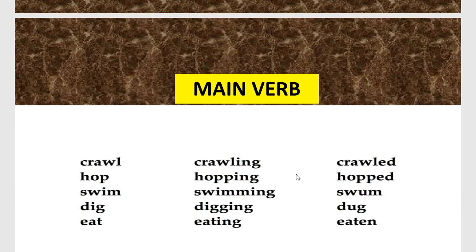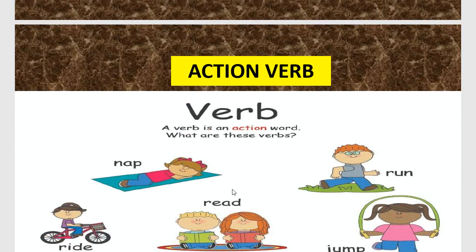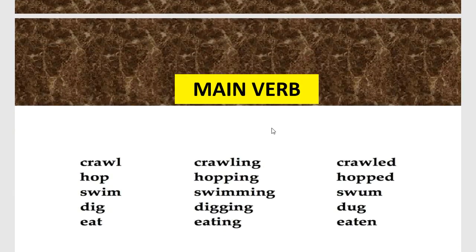So these are the main verbs. The verb in which we can show some action denotes a main verb. Nap, ride, read, jump, run. All these are showing some actions, so they are called the main verb.